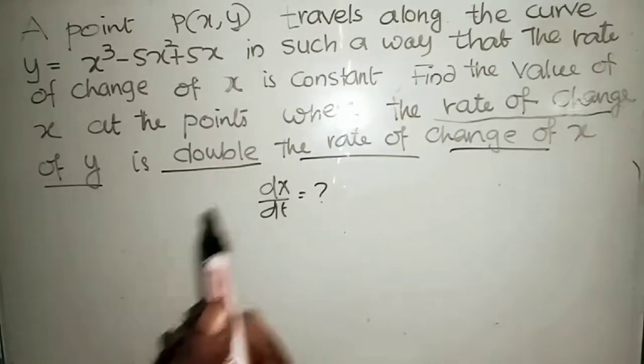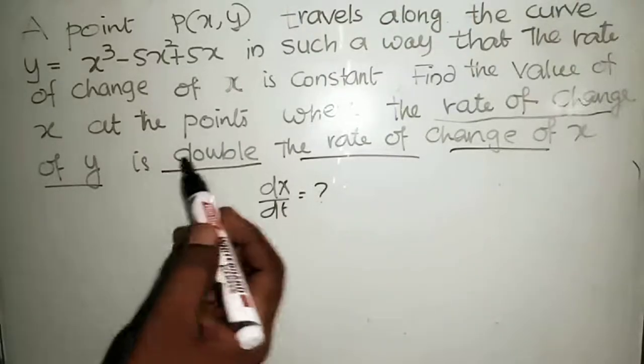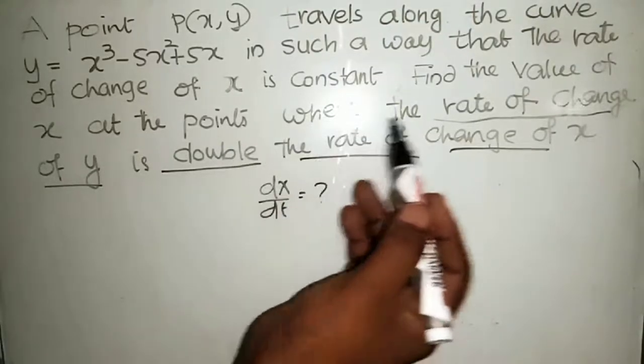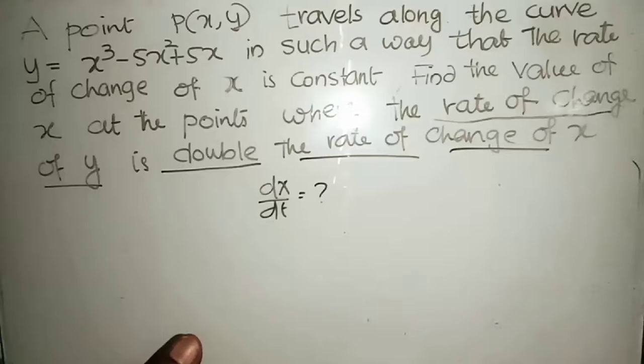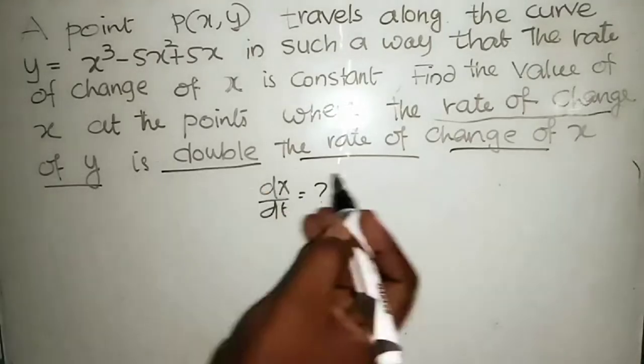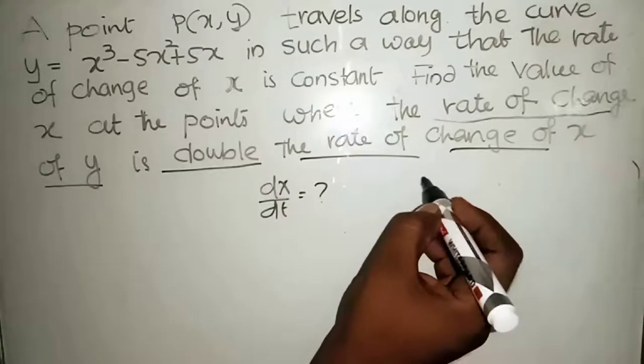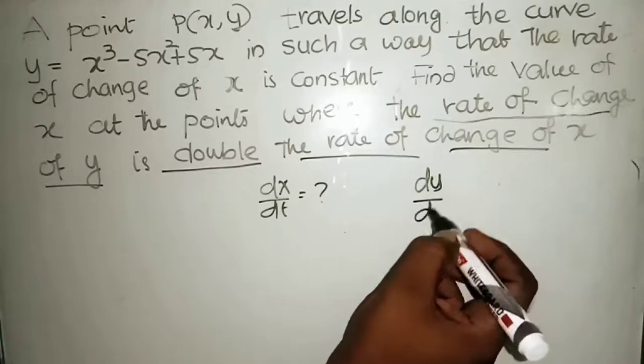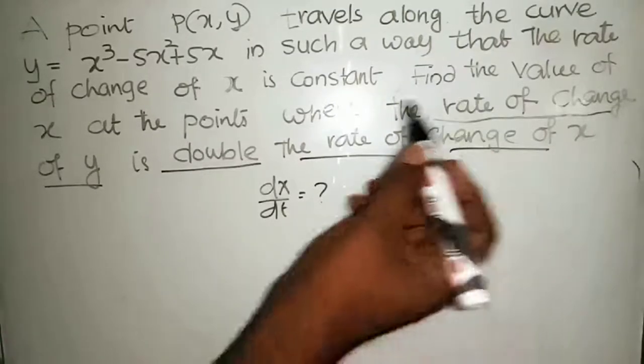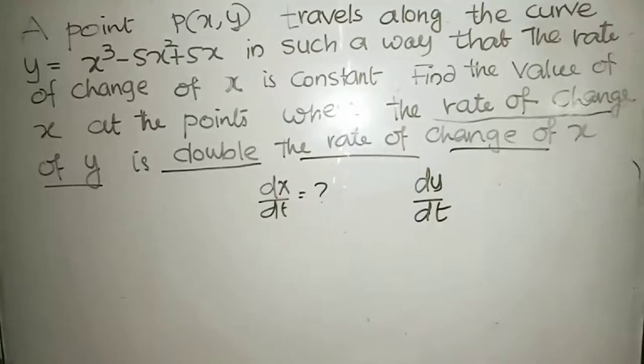So what do you mean by this one? The rate of change of y is double the rate of change of x. So how do you write the rate of change of y? Yes, dy by dt. Rate of change of y is dy by dt. It's not dy by dx. It is rate of change.